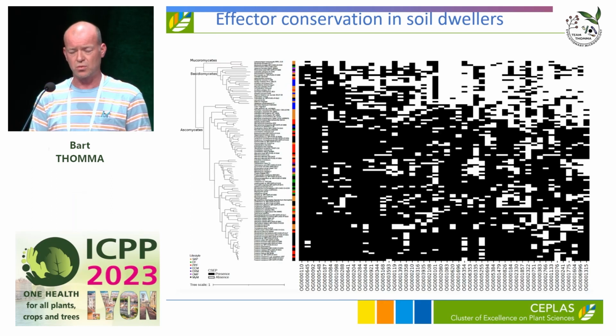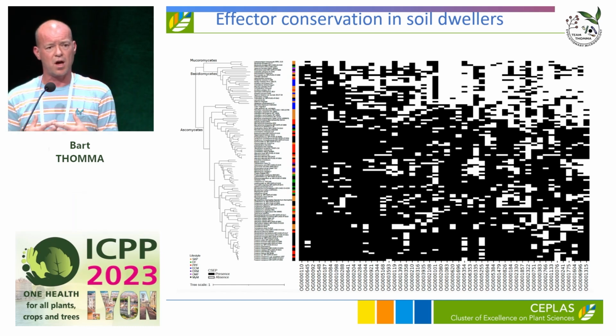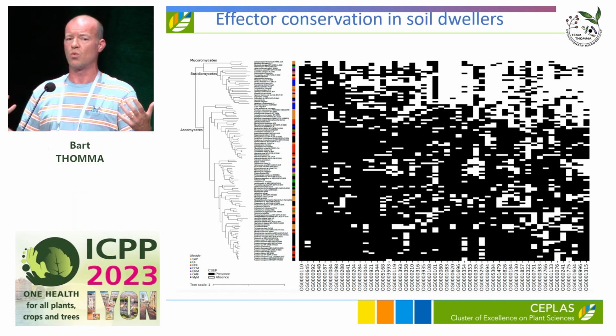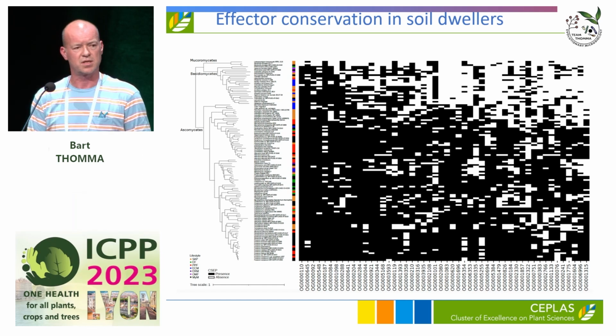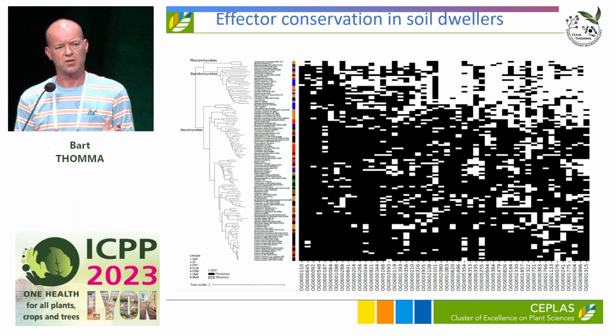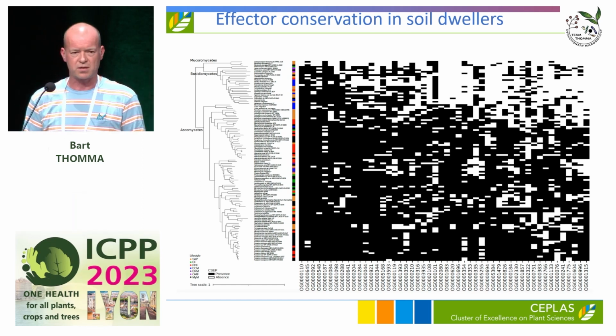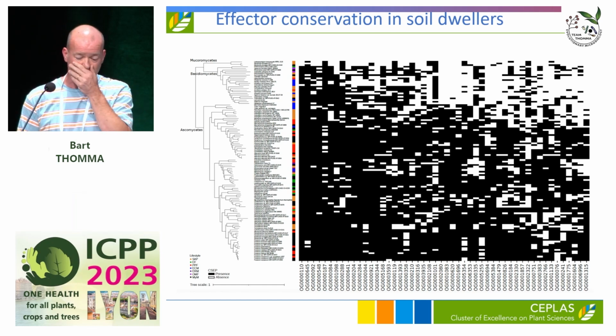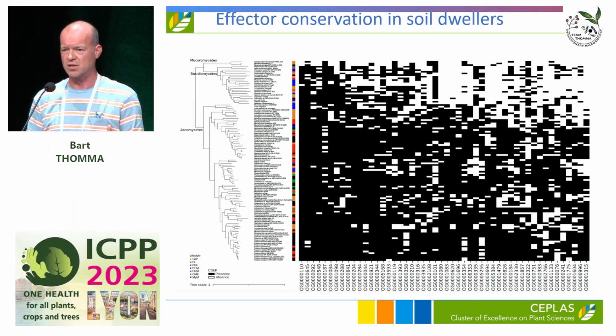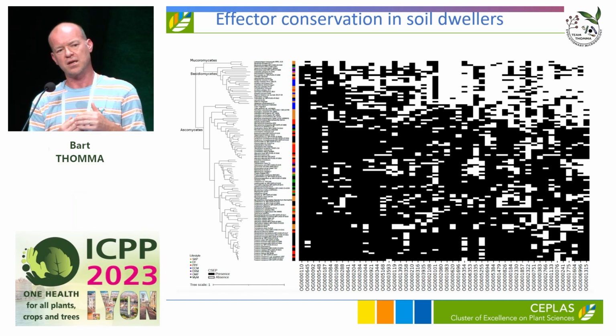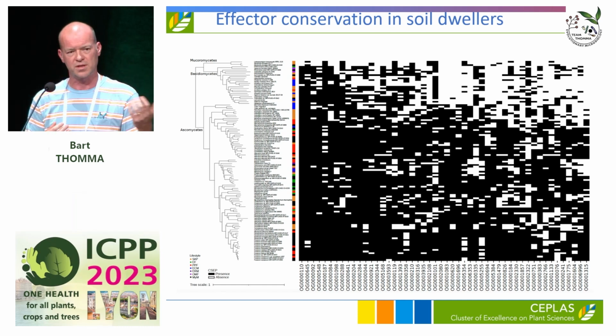Now, if this is true, then we should find such effectors distributed much more widely. So what we did here is simply look at all kinds of fungal genomes, pathogens, non-pathogens, saprophytes, and we predicted effector catalogs and asked the question, are there effectors that are basically conserved throughout all these fungi?